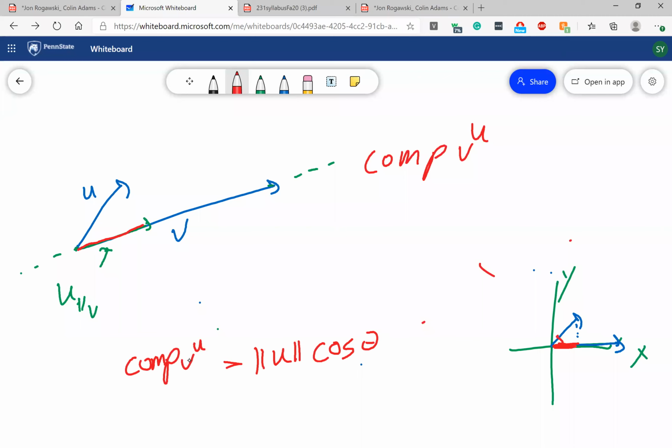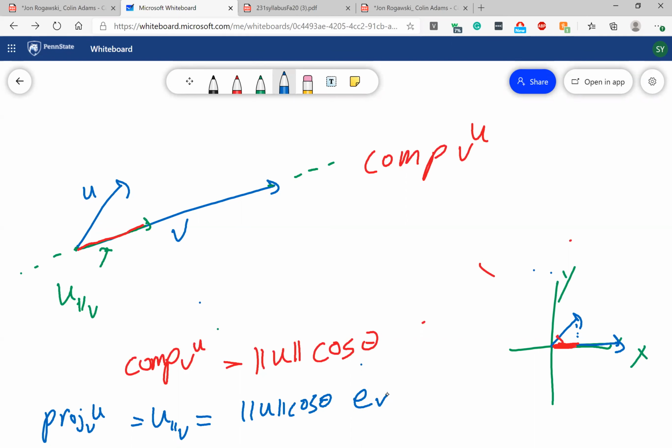Okay, so now if I wanted to find the projection itself, the projection of u onto v, this is going to be equal to this component times EV.